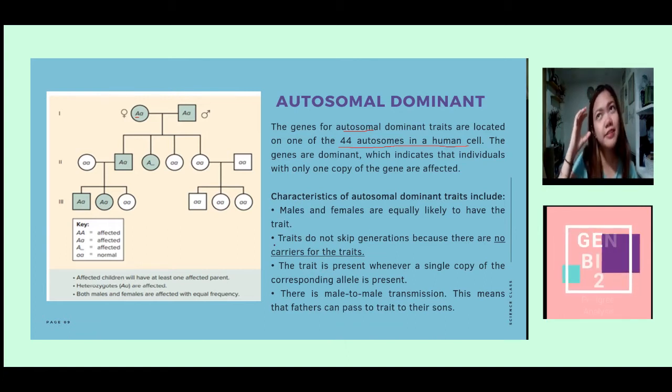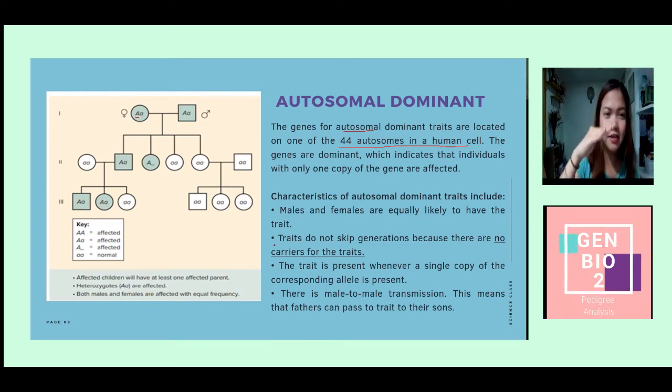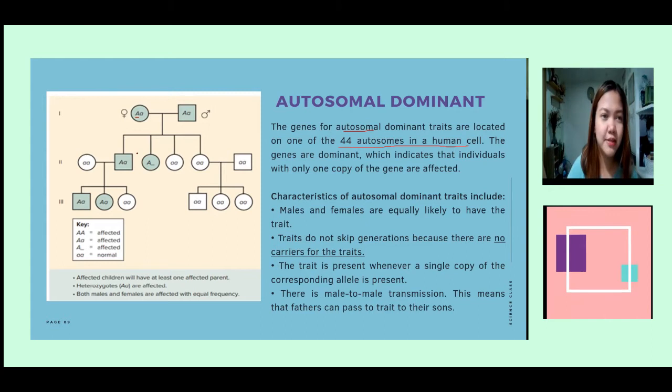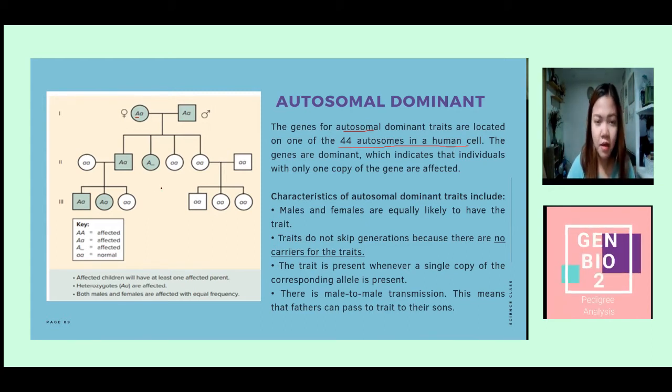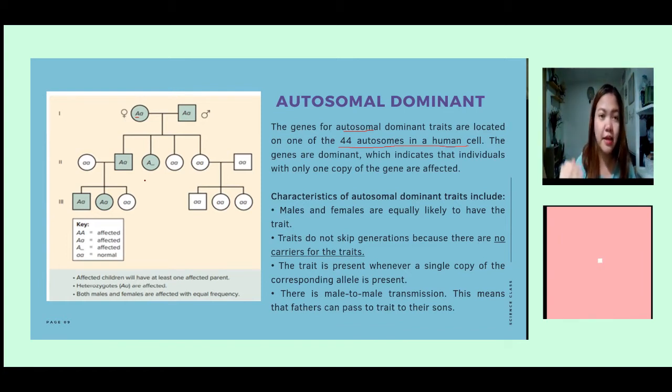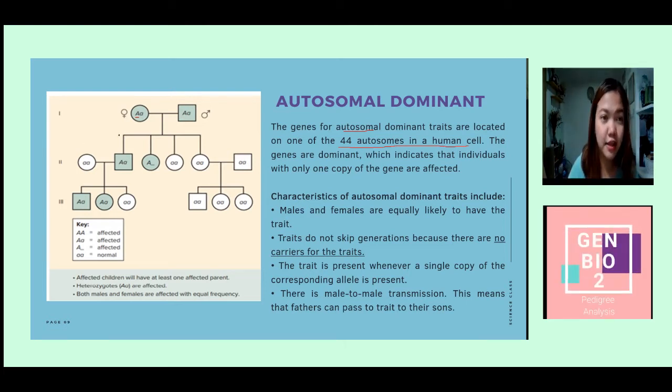The first tip I could give you in understanding the pedigree chart: when you see a pedigree chart, check if the trait skips a generation. Pag nag-skip siya ng generation, recessive siya. Pag hindi siya nag-skip, ibig sabihin, dominant yung trait ng mga affected.